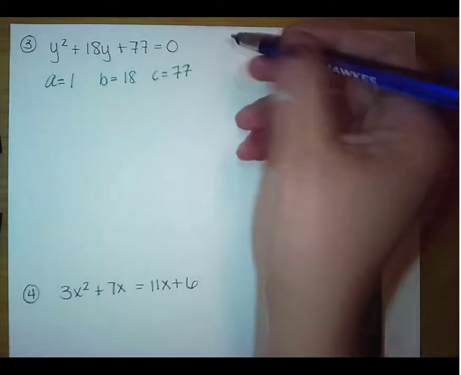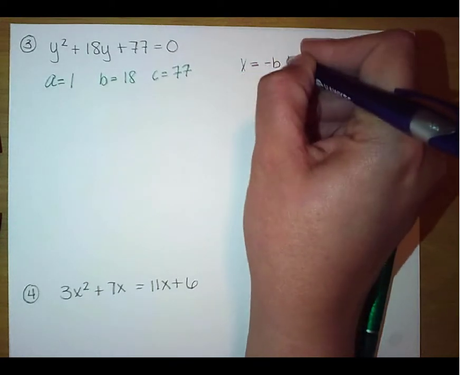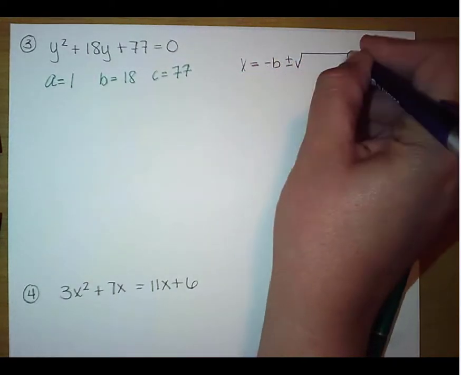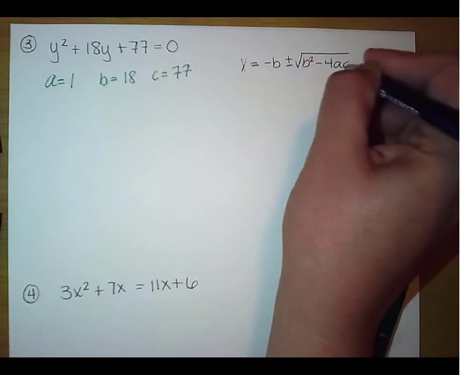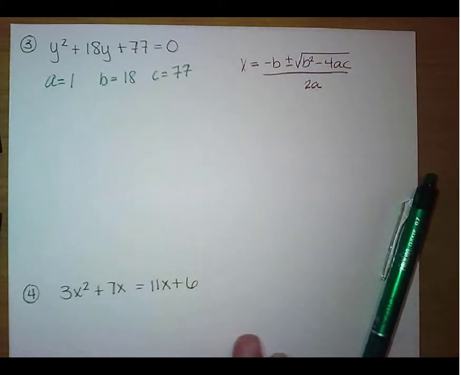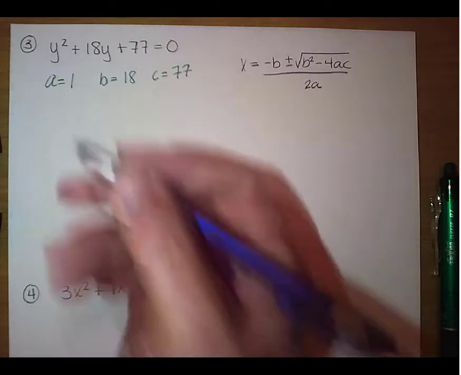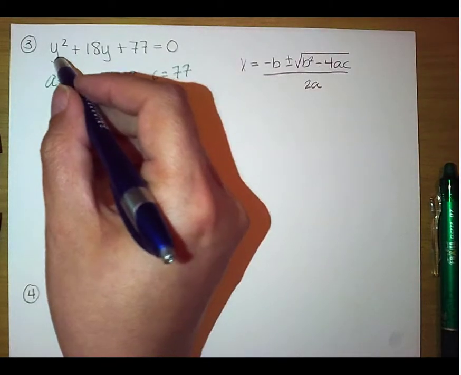So again, our quadratic formula is x equals negative b plus or minus the square root of b squared minus 4ac all over 2a. Again, making sure we get that memorized. So now let's plug this in. We've got y equals this time, since y is our variable, but it doesn't really matter.